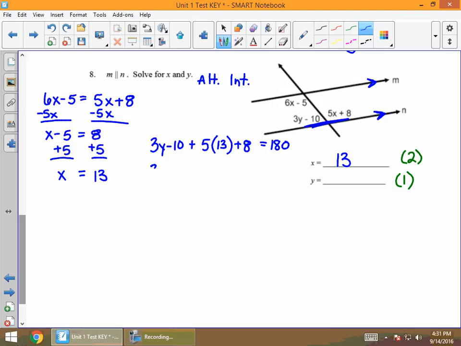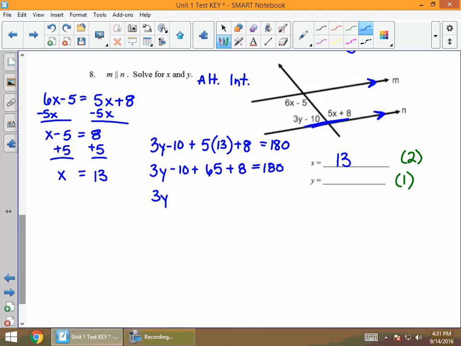So this is 3y minus 10 plus 5 times 13, that's 65, plus 8 equals 180. Combine like terms.